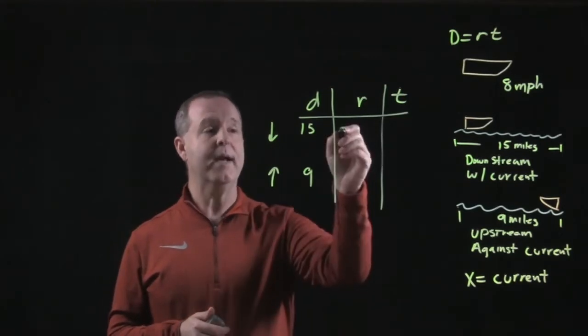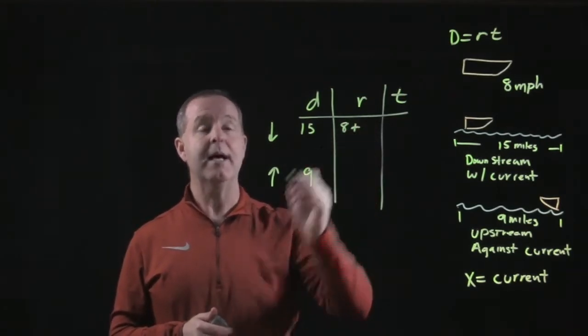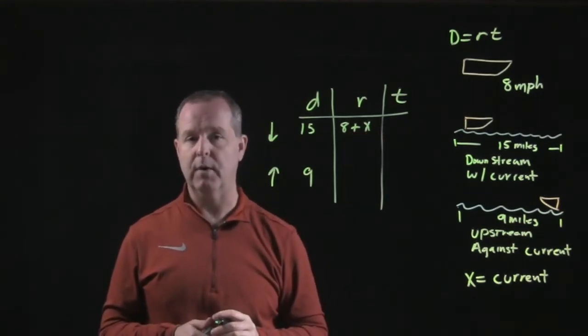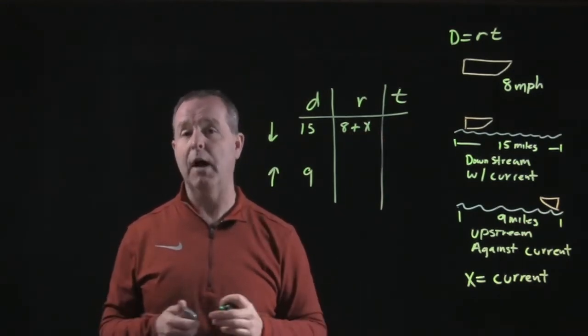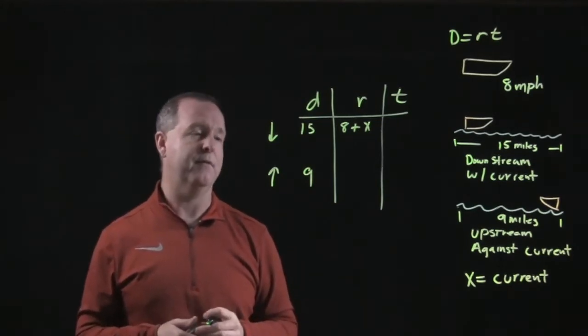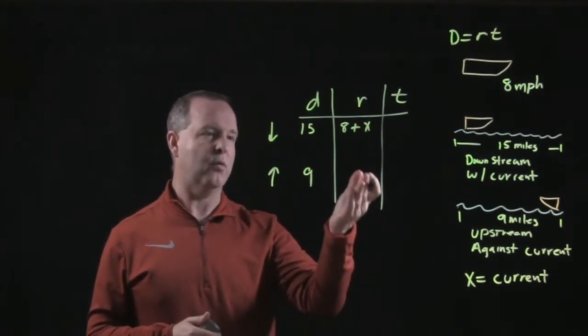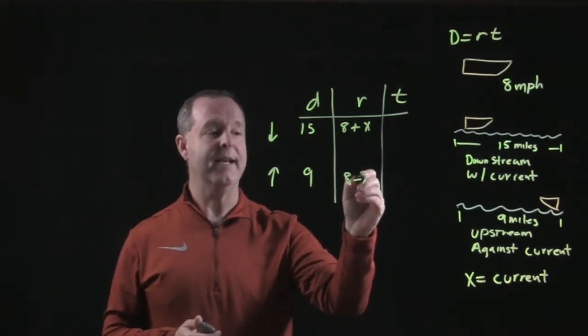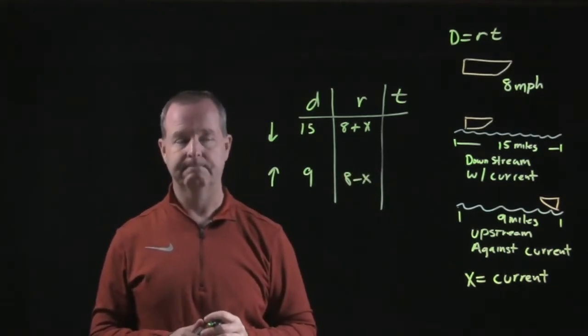Well, it's probably going to be the rate of my boat plus the rate of the water that gives me my total rate. Makes sense. I'm going to go faster downstream when I'm going with the flow of the water. Now the rate going upstream, well, it's going to be my boat fighting against the current of the water.